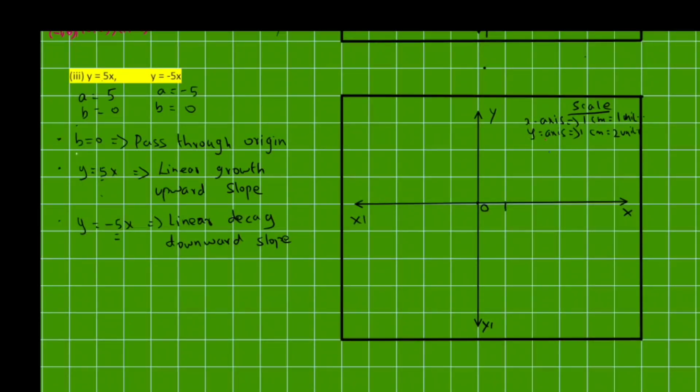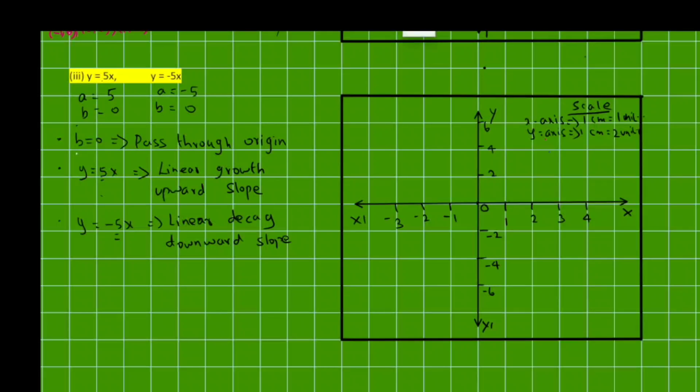Like that, I'm going to take my scale, 1 unit in the x-axis. Here also minus 1, minus 2, minus 3, but in my y-axis 2 units: 2, 4, 6, as well as minus 2, minus 4, minus 6.